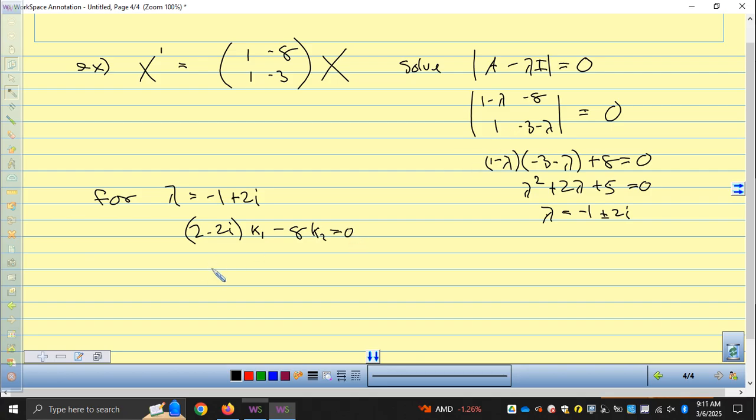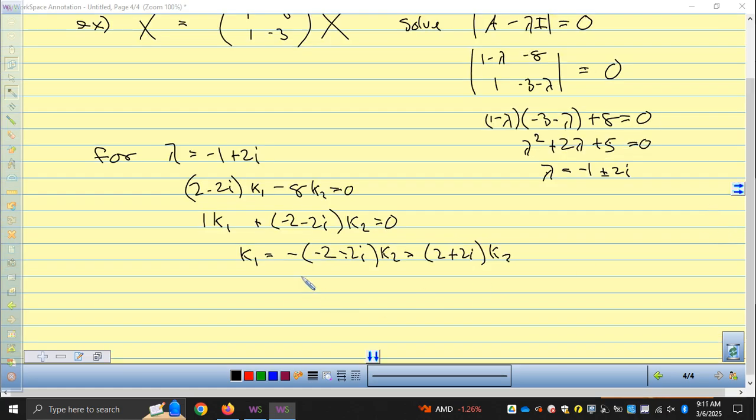And for our second equation, we get 1 k1 plus negative 2 minus 2i k2 equals 0. I use this equation. So k1 equals negative 2 minus 2i k2, which is 2 plus 2i k2.